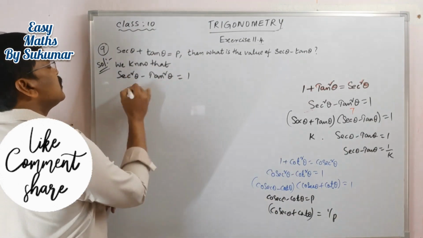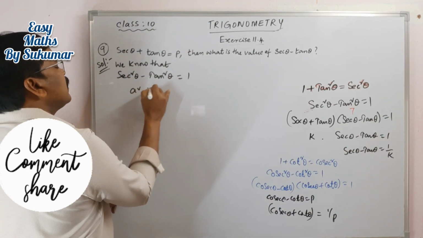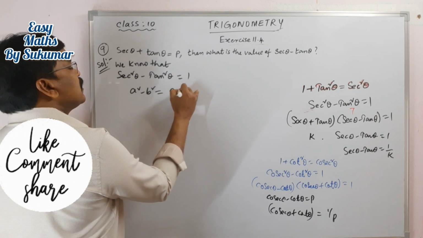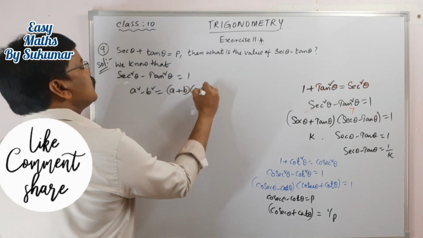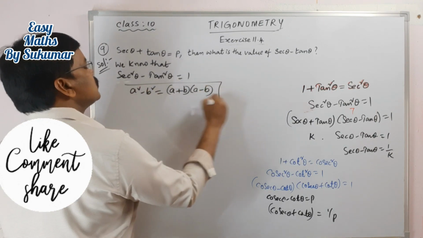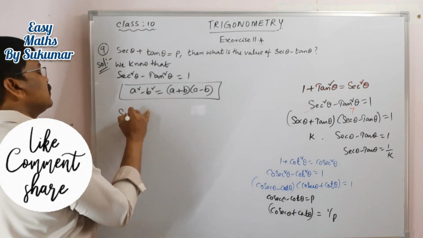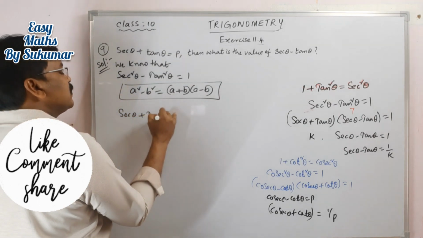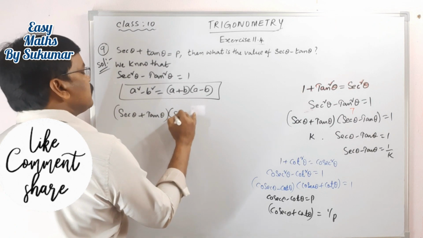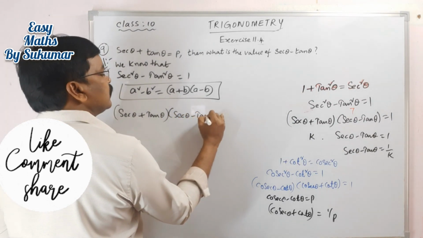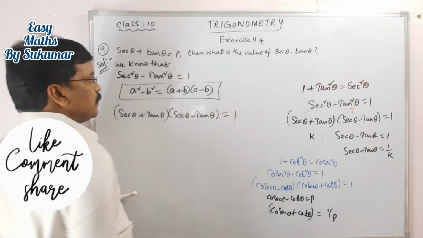But this is in the form of a square minus b square, that is a plus b times a minus b. That means, my dear students, secant theta plus tan theta times secant theta minus tan theta is equal to 1, right?